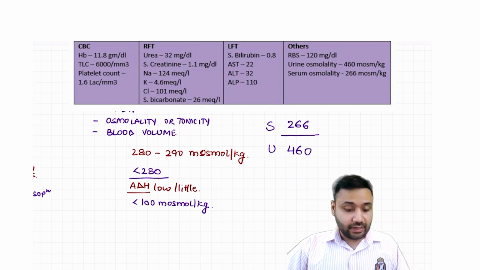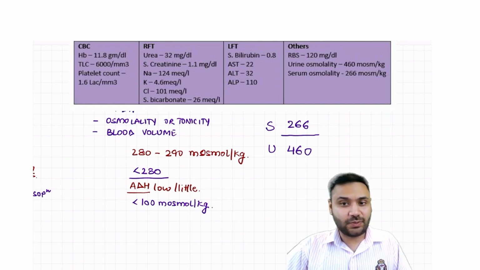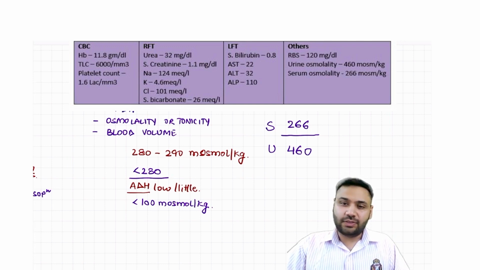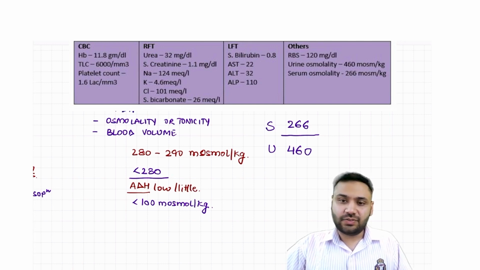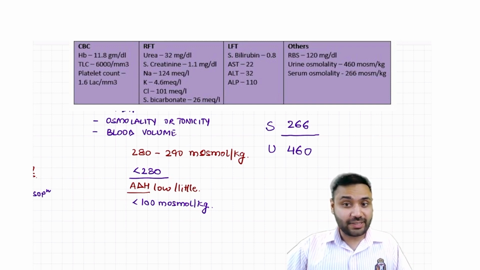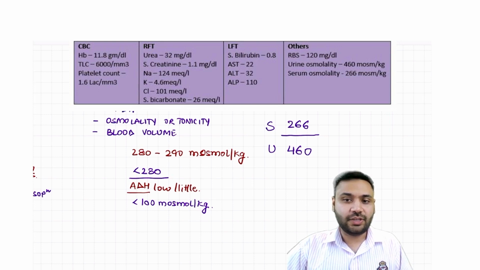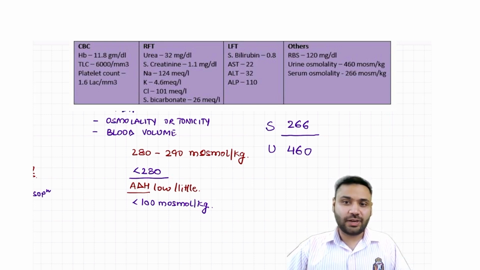So, if serum osmolality in a normal individual is less than 280, the urine osmolality should be less than 100, because there is little ADH secretion. But what is happening in our patient? The ADH is being secreted inappropriately, so it causes the urine osmolality to be much higher.